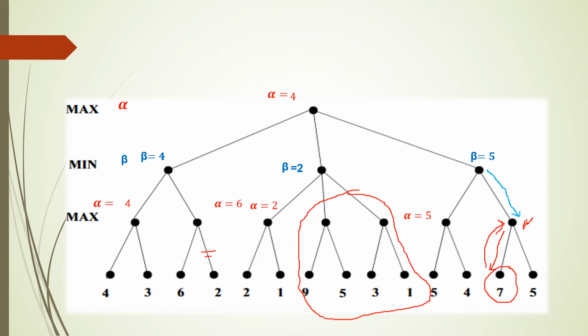Now alpha will become equal to 7. So again here alpha is greater than beta, so there is no need to search all other nodes under this node, so this node will be pruned off.